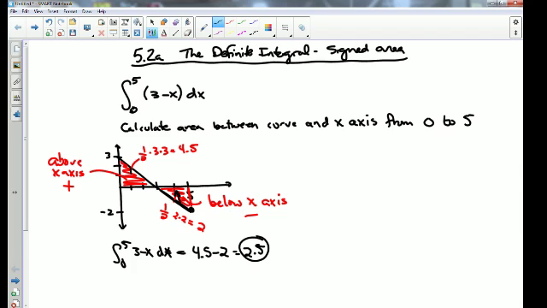If you were integrating along the y-axis, that would be a trapezoid. But it does say between the curve and the x-axis. See that x right there? That means between the curve and the x-axis. If it was a y, you'd do it with the y-axis. Very rare.